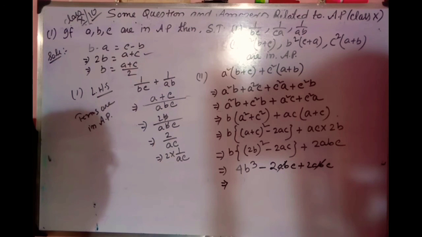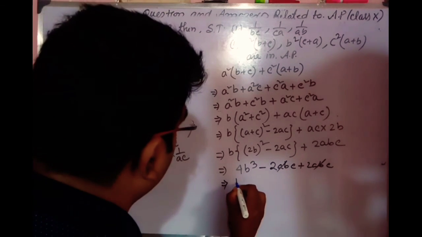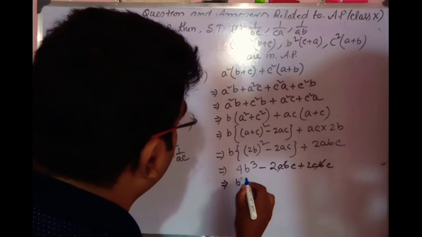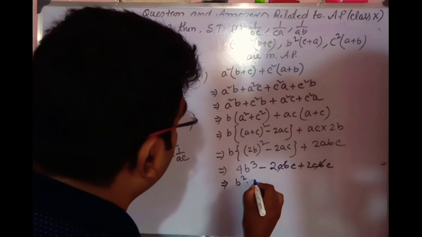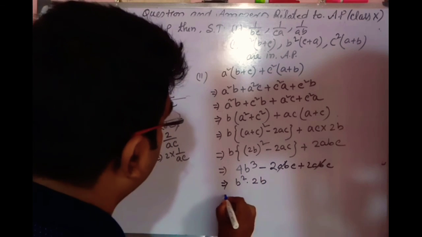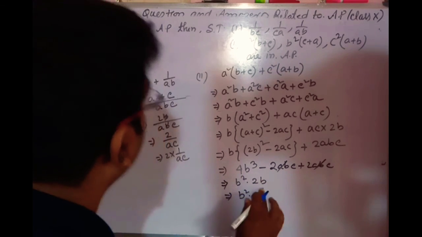4B cube can be written in the form of B square into 2B. That means B square into 2B.